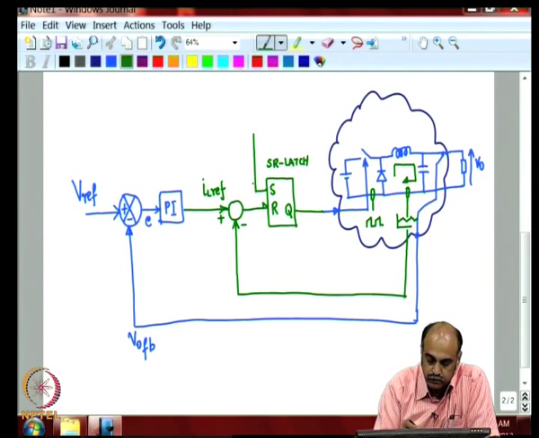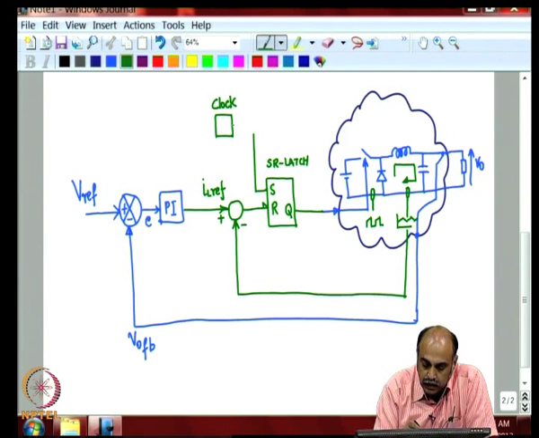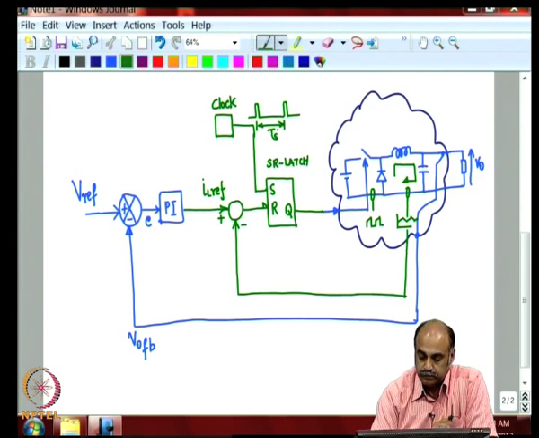To the set, let us give a clock signal, and this clock signal is actually having a period corresponding to the switching period of the switch mode converter.